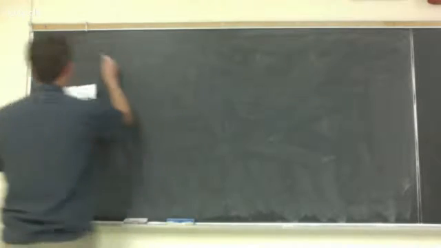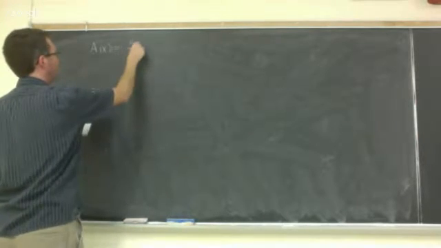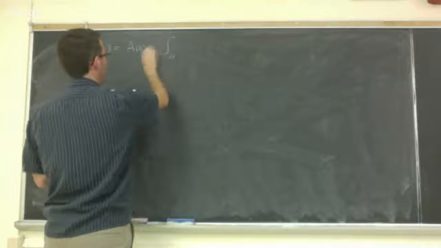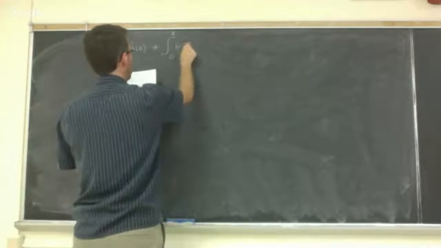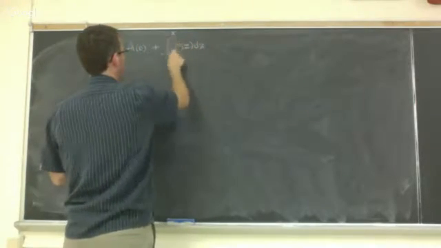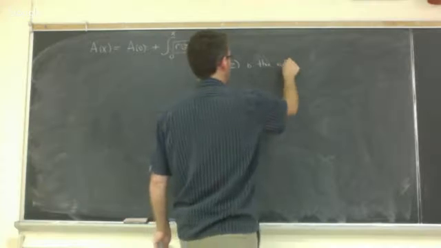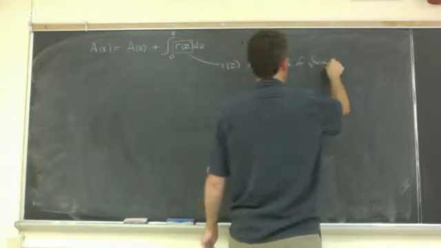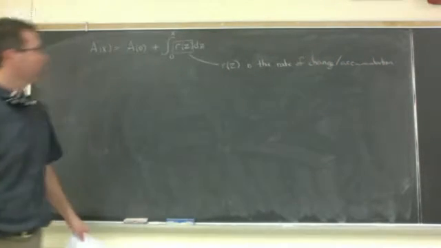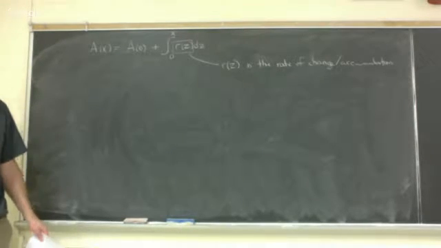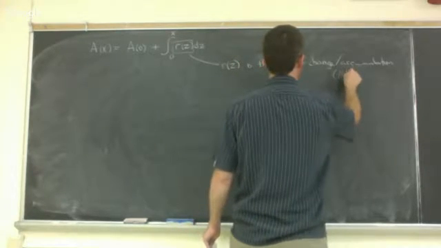So when I have a function, this function that's being integrated is the rate of change of the rate of accumulation, sometimes written A prime.